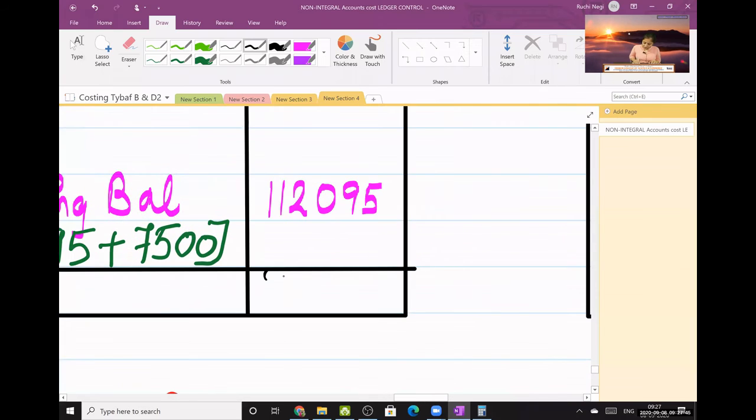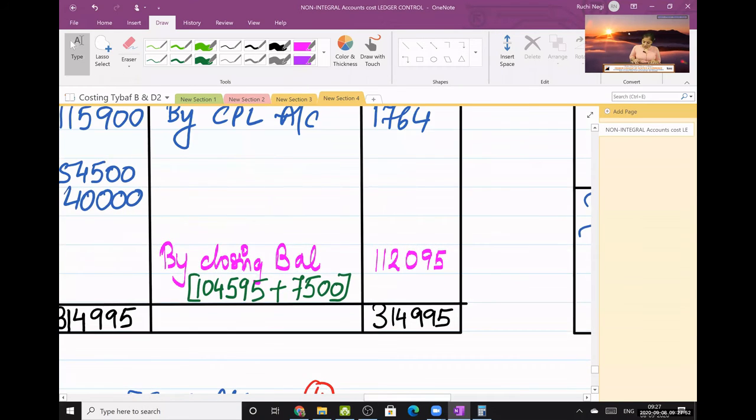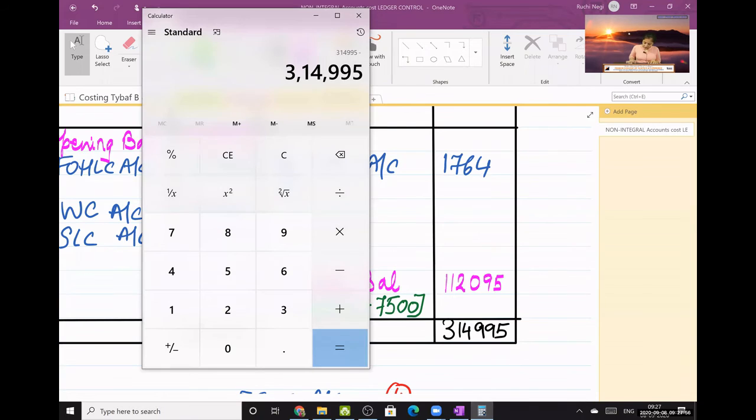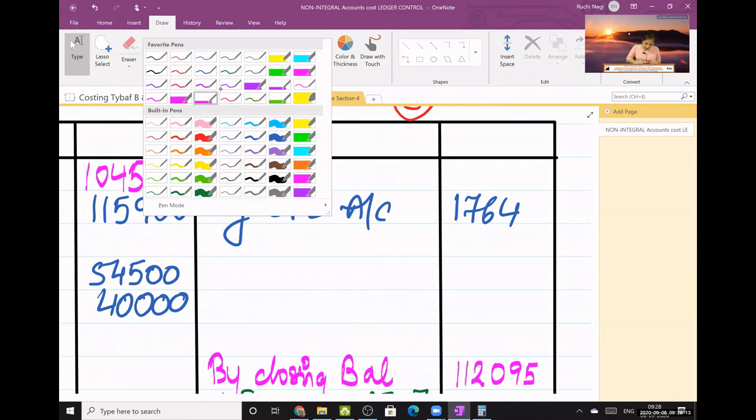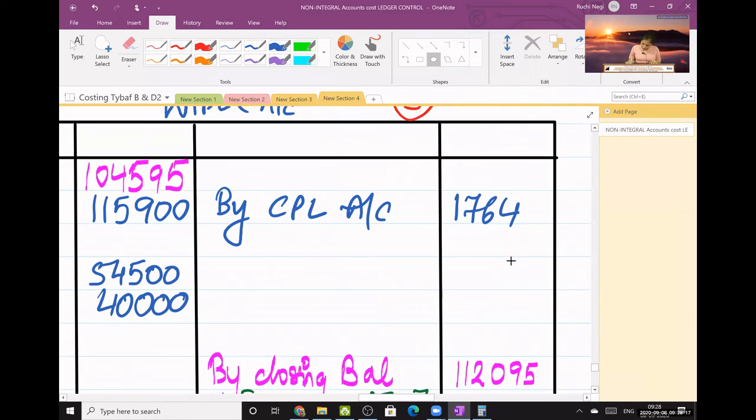Okay, 3,14,995 minus 1,12,095 minus 1,764. So 2,01,136. Right. So from here we are going to get a balancing figure. This balancing figure, 2,01,136.